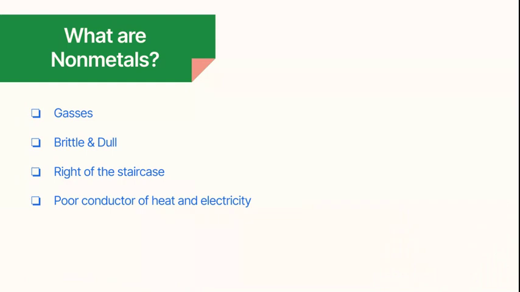So that staircase consists of only metalloids. Everything above that or to the right are nonmetals. So that would include carbon, nitrogen, phosphorus, oxygen, sulfur, selenium, iodine, bromine, chlorine, fluorine, radon, xenon, krypton, argon, neon, helium.